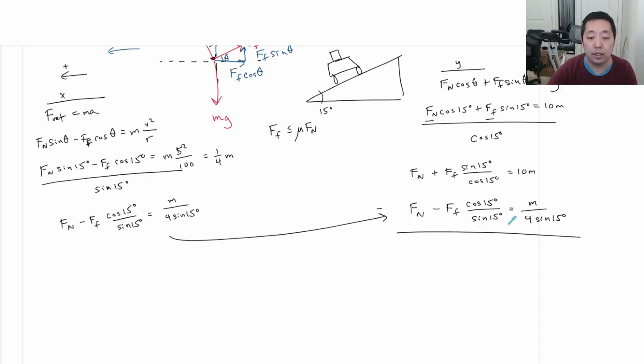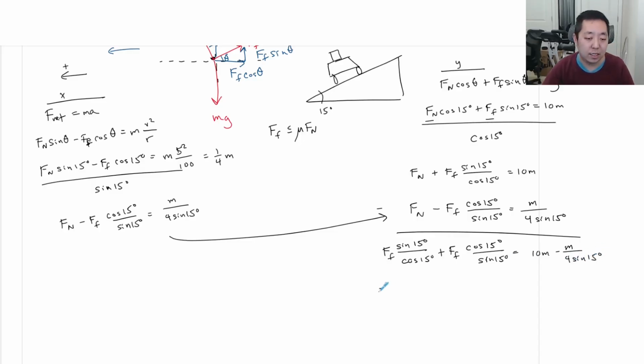Okay, so I'm going to subtract these so the normal forces go away, and then the force of friction will just be the sum of these two, because I'll do this plus this. So it'll be Ff sine 15 degrees over cosine 15 degrees plus Ff cosine 15 degrees over sine of 15 degrees, and that's equal to 10m minus m over 4 sine 15 degrees.